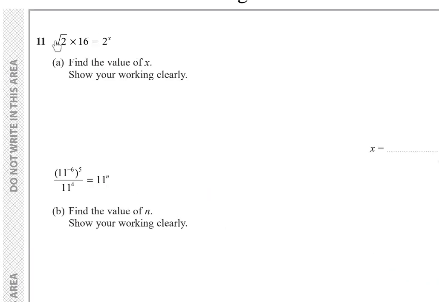Number 11. Root 2 times 16 is 2 power x. Find the value of x. 16 is 2 power 4. You can factorize or you can try with your calculator. So 16 divided by 2 is 8, divided by 2 is 4, divided by 2 is 2, divided by 2 is 1. So 16 is 2 to the power 4.